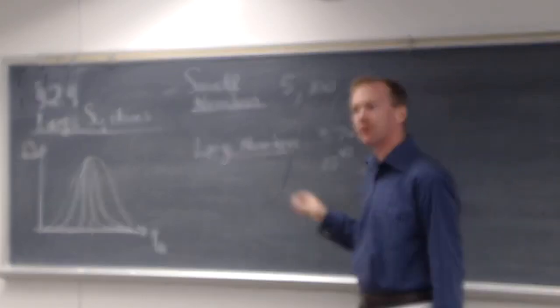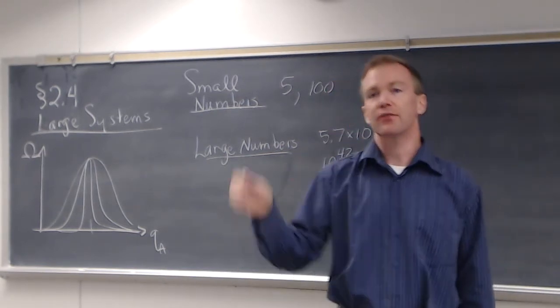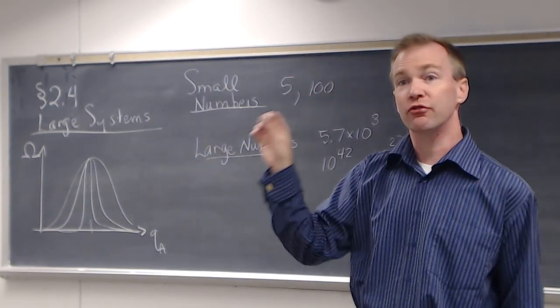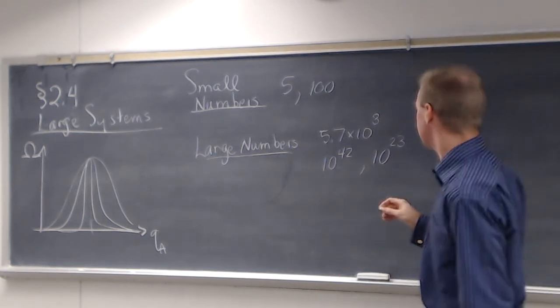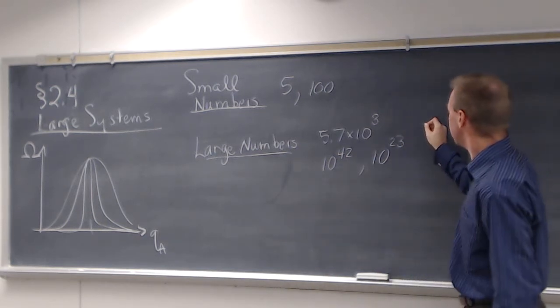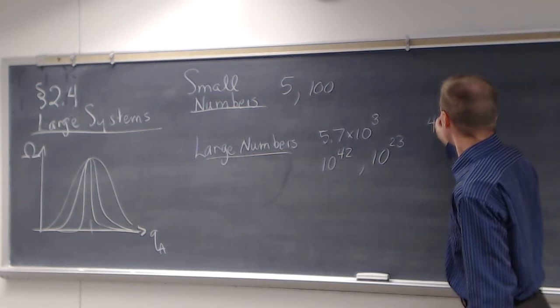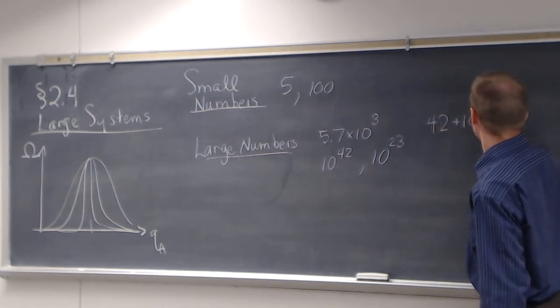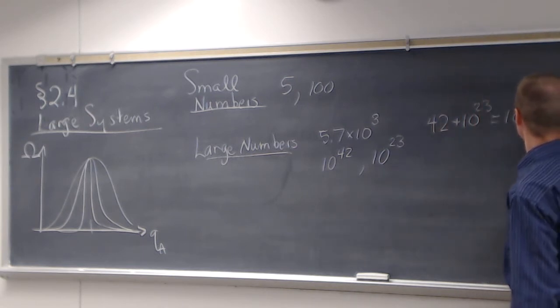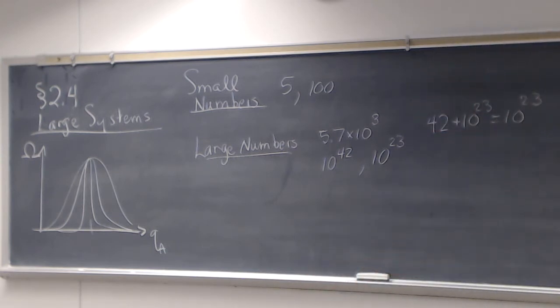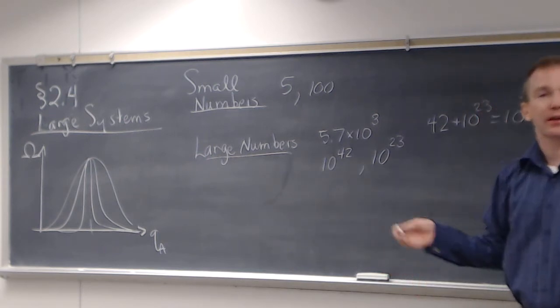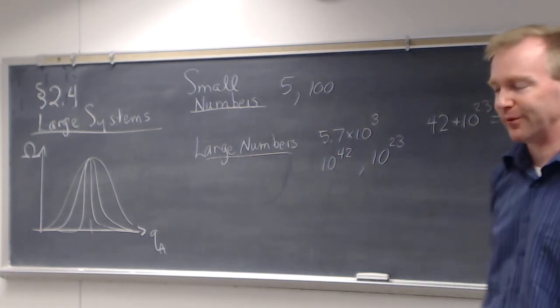So the special property of large numbers is that you can add or subtract a small number from them without changing them. That's the key thing. So, for example, 42 plus 10 to the 23rd power is still 10 to the 23rd power. Same thing if we subtracted 42 from it.